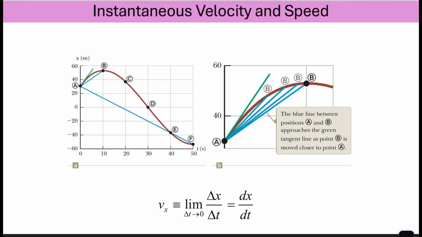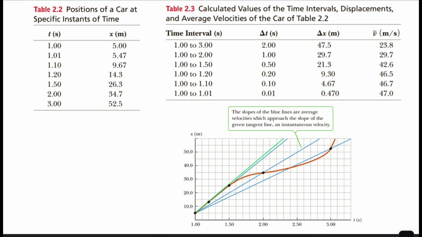If we look at this, the blue line between point A and B approaches the green tangent line as point B is moved closer to point A, because the time taken is very short for instantaneous. The definition of instantaneous velocity is the limit of delta x with respect to delta t whenever delta t is very small, approaching 0. In simple terms, it is dx over dt.